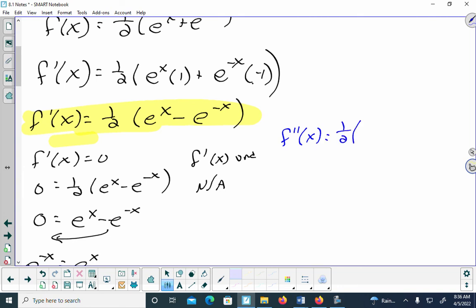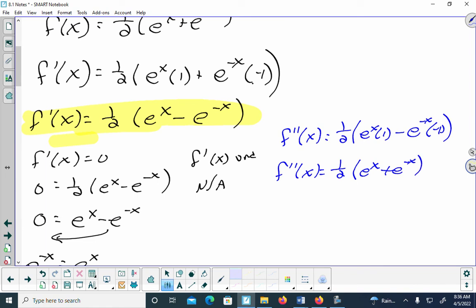Now I'm going to take the derivative of e to the x, which would just be e to the x times 1, minus the derivative of e to the negative x is e to the negative x. The derivative of negative x is -1. So my second derivative ends up being 1/2 times e to the x plus e to the negative x.